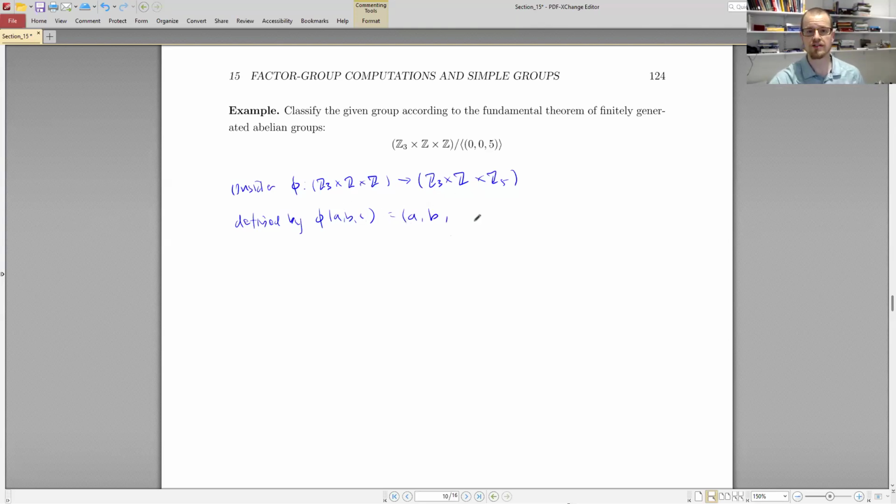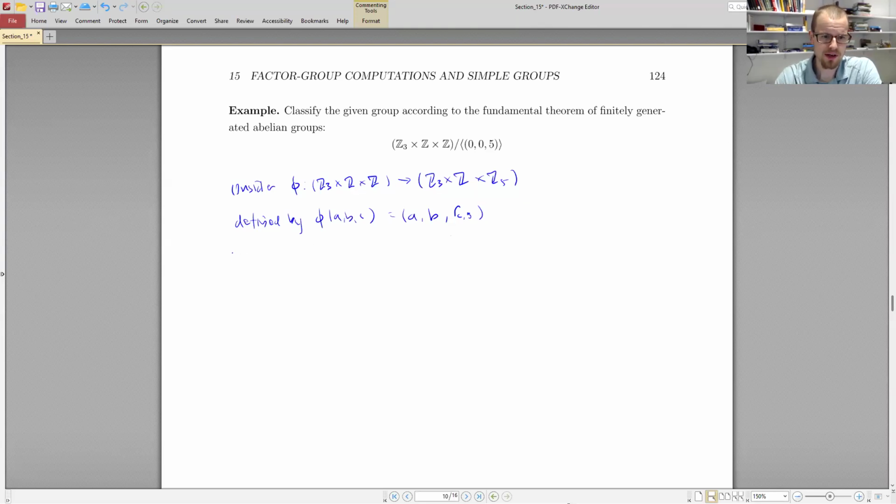And the last entry, I'm just going to go ahead and take that and have it be the remainder of C when considering the division algorithm dividing by 5.